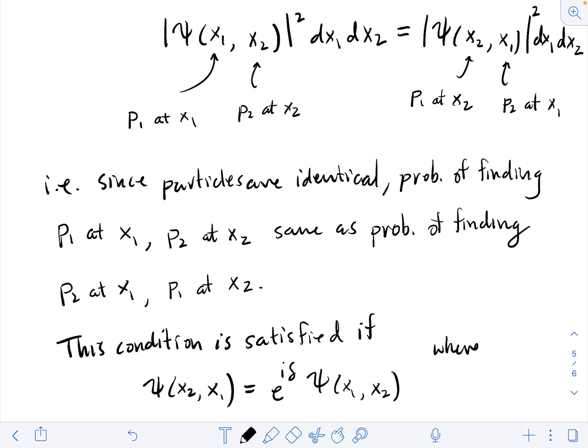So where e to the i delta is a phase factor.